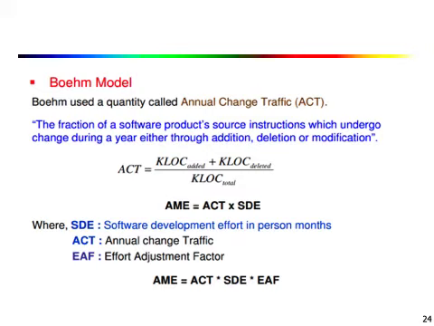So if you have the value of ACT, then you can find the annual maintenance effort, that is, every year how much maintenance effort is used for a particular system. If the ACT is given, then ACT into SDE, where SDE is software development effort in person months, is equal to the annual maintenance effort, AME.